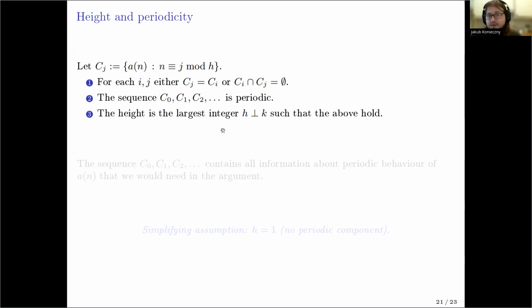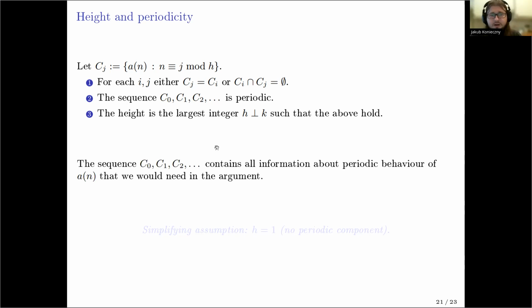And the height is the largest integer that's coprime to k such that the above property holds. Now, in a way, the sequence of those equivalence classes Ci is going to contain all the information about the periodic behavior of A that we want to record.